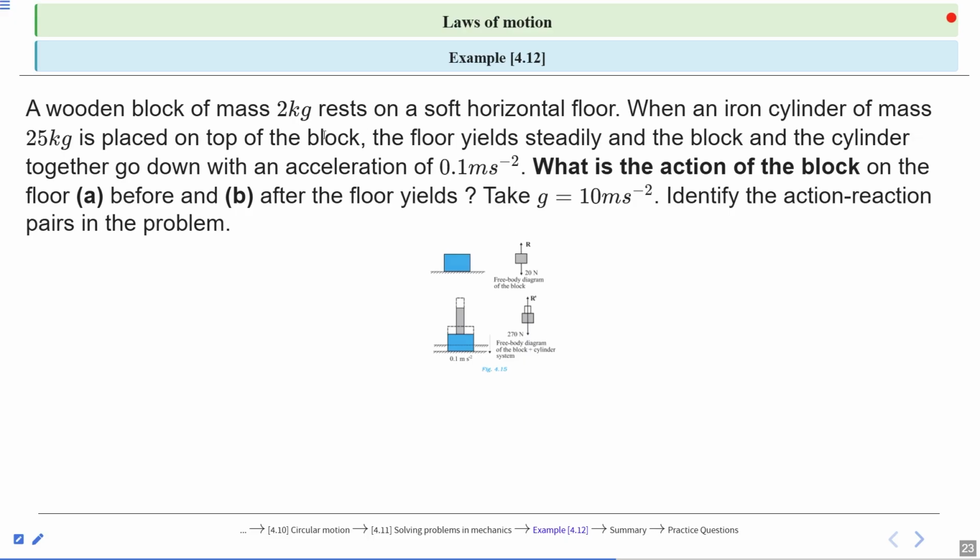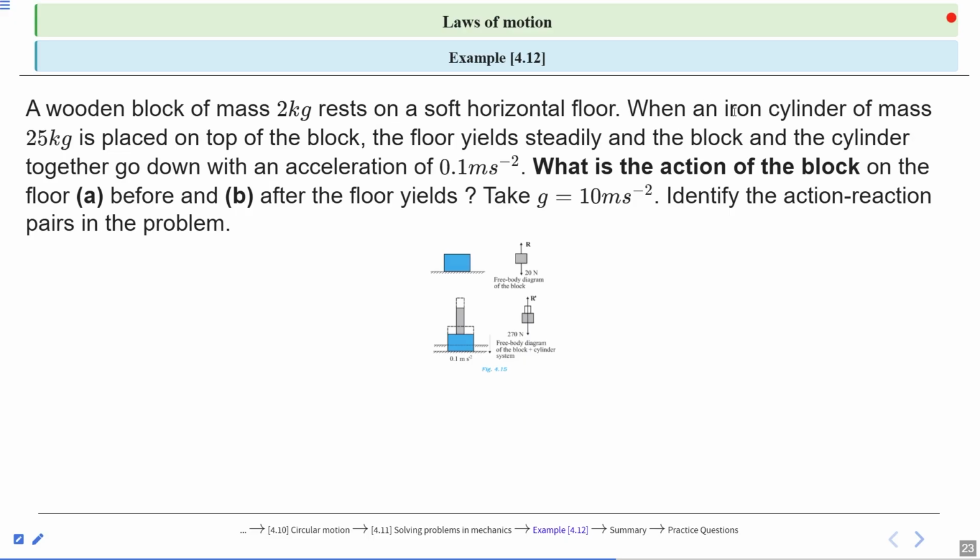So read the example carefully. A wooden block of mass 2 kg rests on a soft horizontal floor. It means we have a wooden block and the mass of the wooden block is 2 kg, which is at rest on a soft horizontal floor.